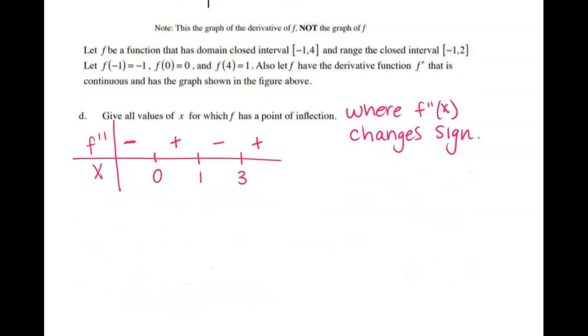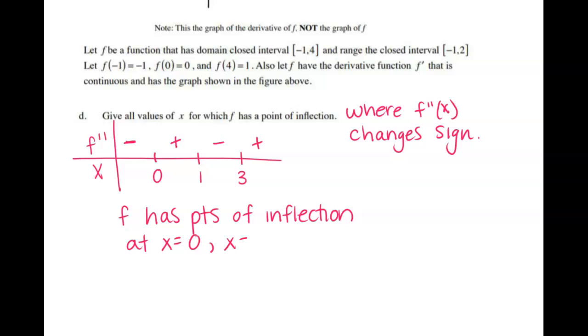So since f double prime changes sign at all 3 of these locations, f has points of inflection at x equals 0, x equals 1, and x equals 3.